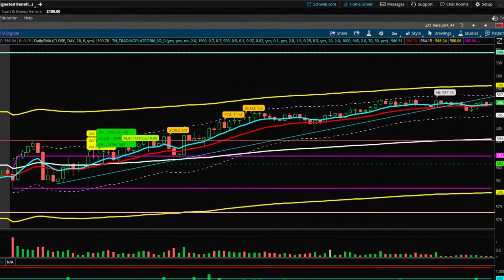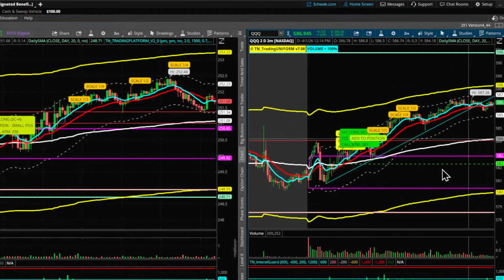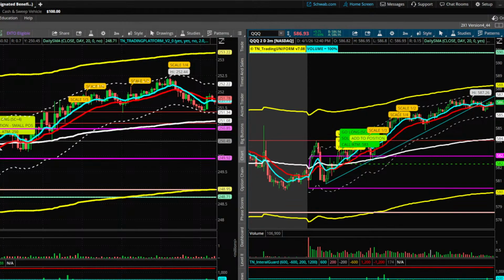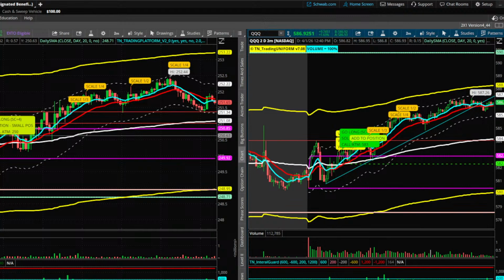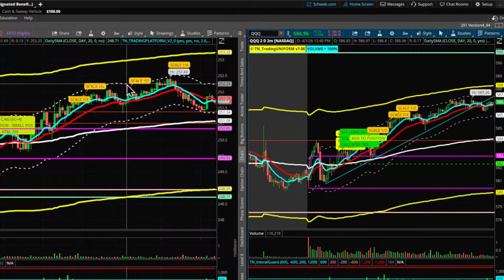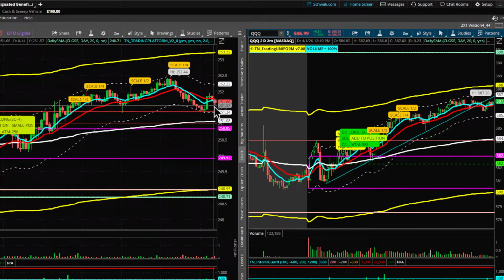This is QQQ, and it's the same thing with IWM. It fired one perfect go long at 9:50 this morning. After that, it said to scale out because it ran up a lot. So right now I have only one option left.